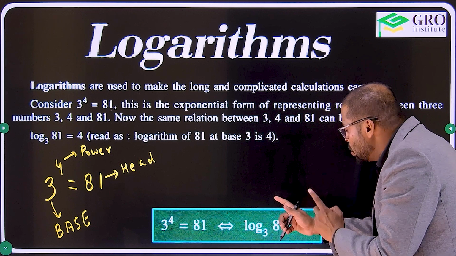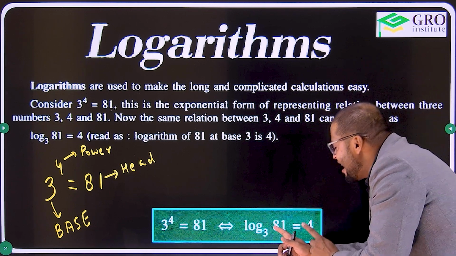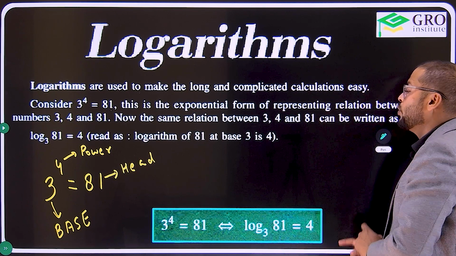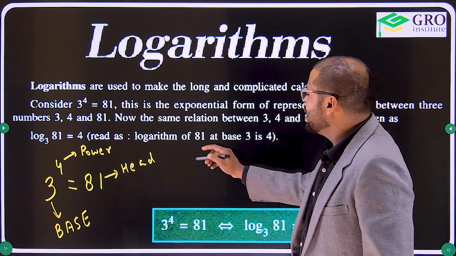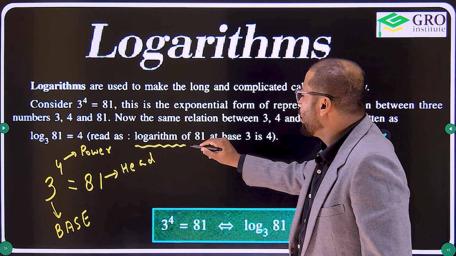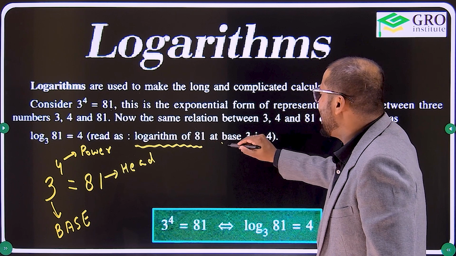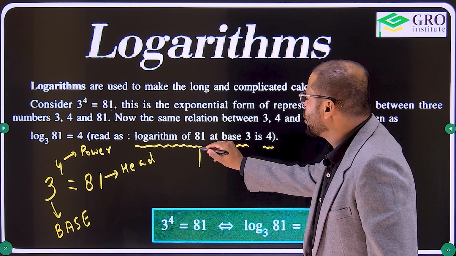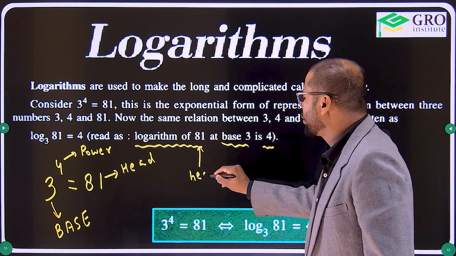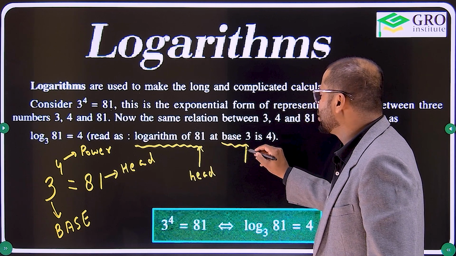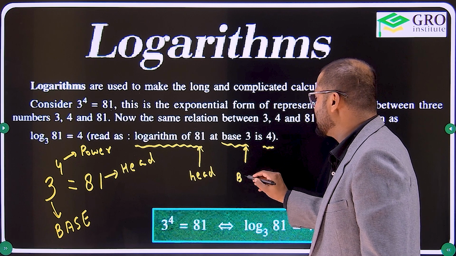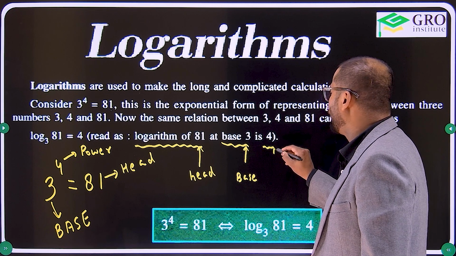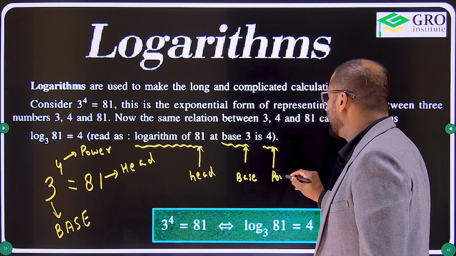It is log of 81 having base 3 gives you 4. So this was your head, 3 was your base and 4 was your power, right?